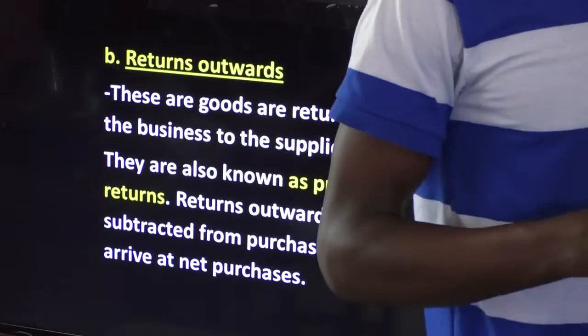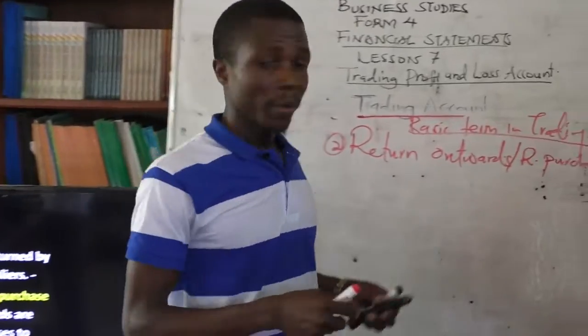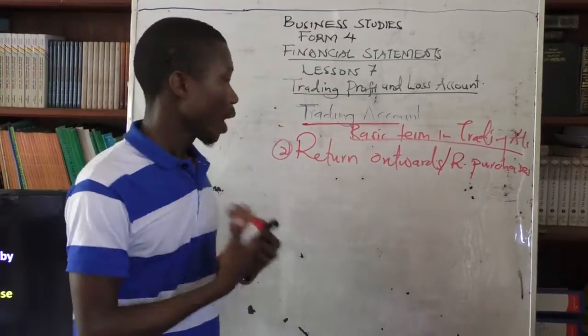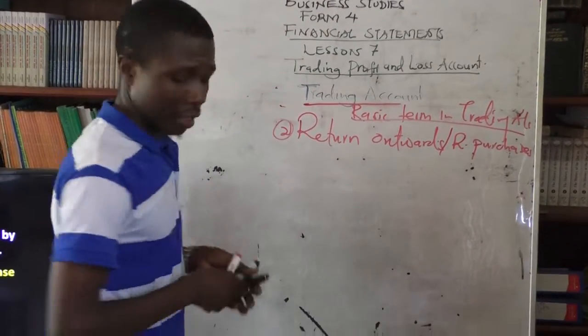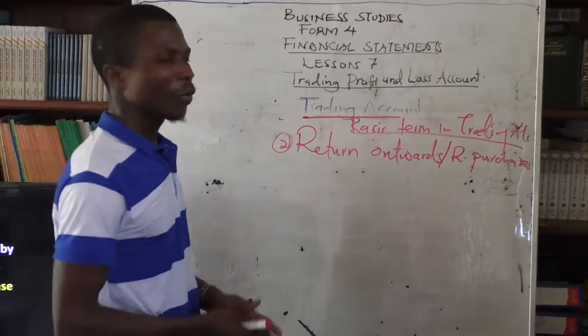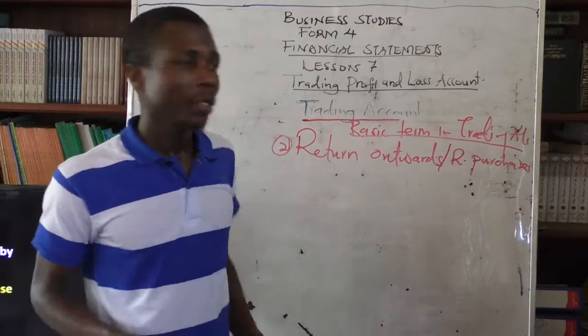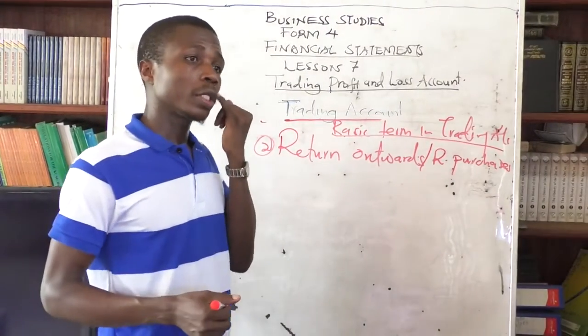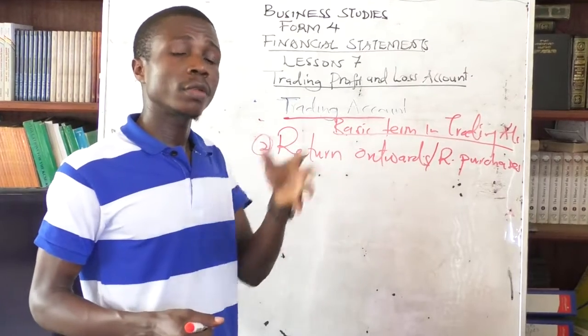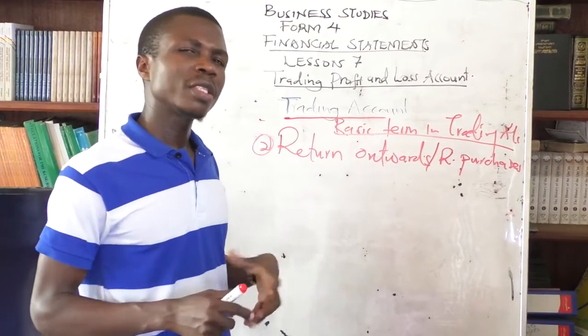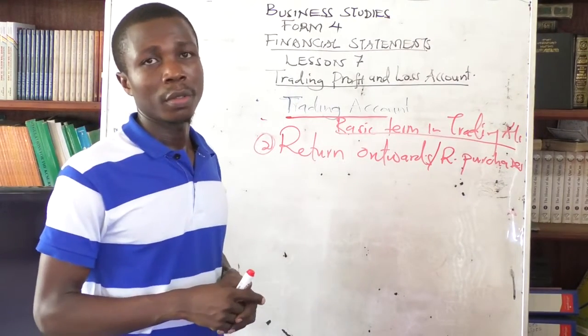Return on purchases. Maybe you purchased goods, then after that you realize that there are some stocks that are not of good quality. You want to take them back. What you will do is return those purchases. So that will be subtracted from the total purchase.